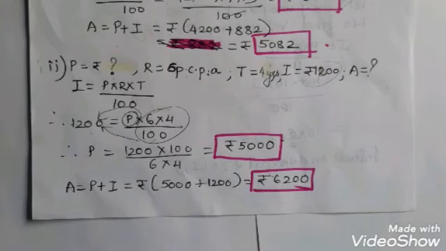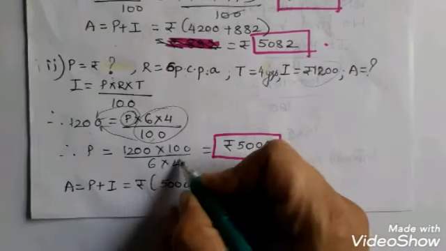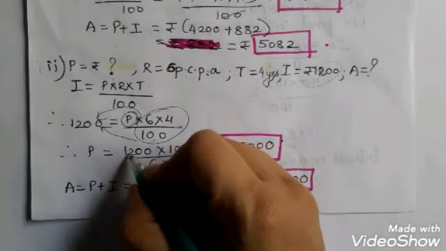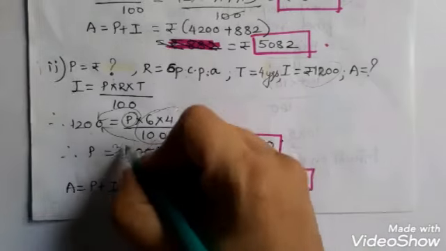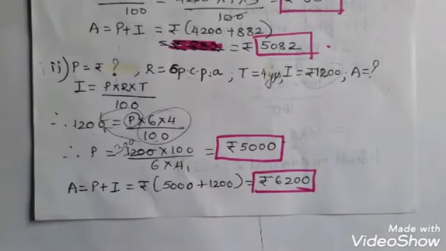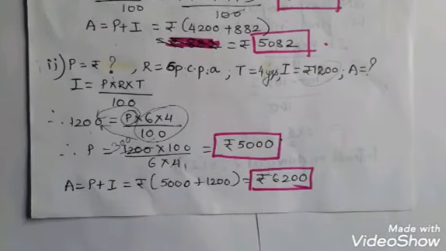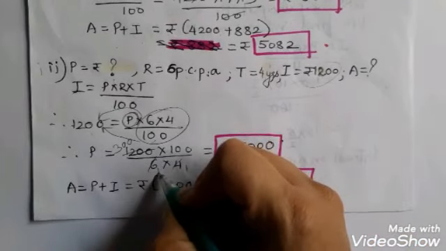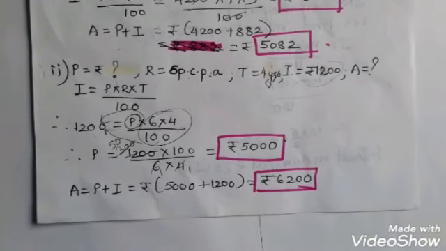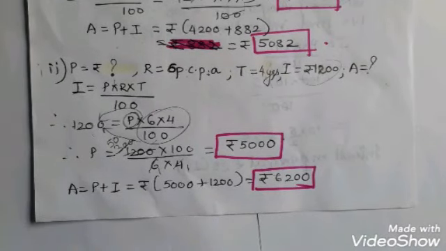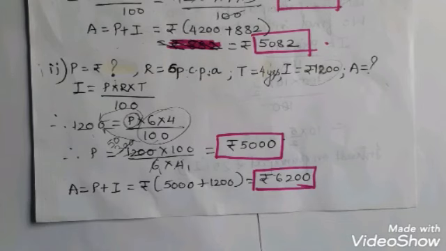Now cancel whatever terms get cancelled. 4 ones are 4, 4 threes are 12, and remaining 2 zeros, so I add it up. Next, 6 ones are 6, 6 fives are 30, and 0. So that is 50 into 100, which is equals to 5,000 rupees.